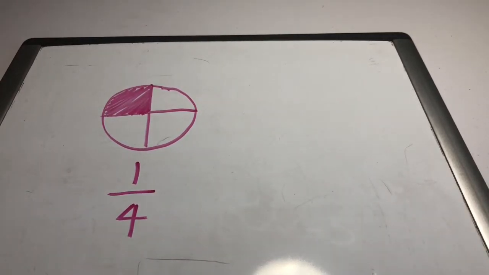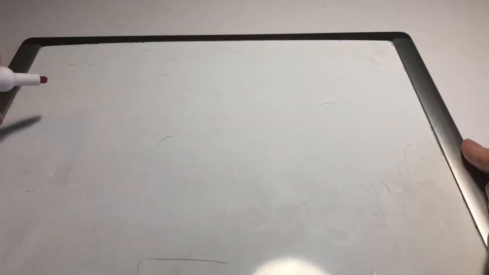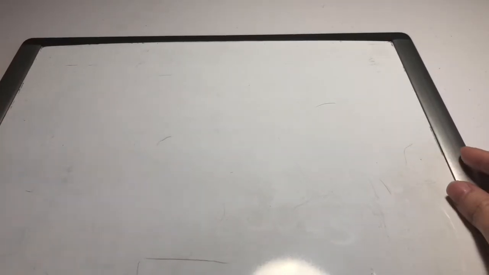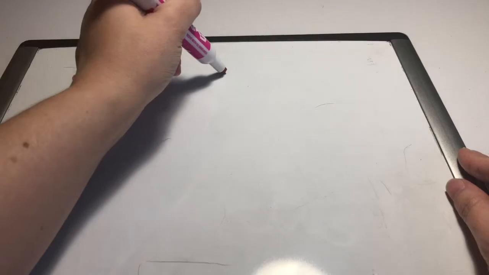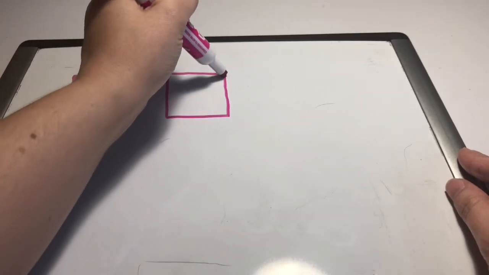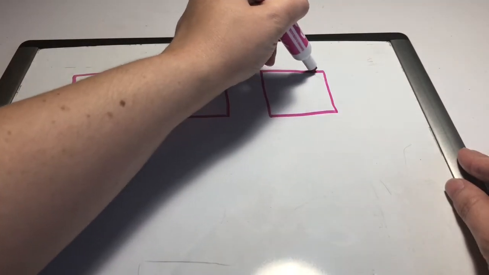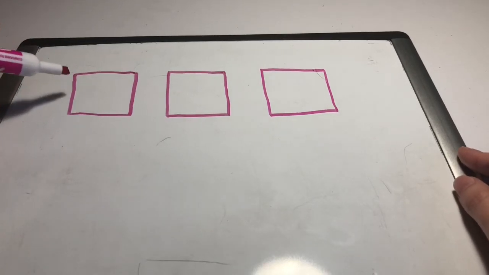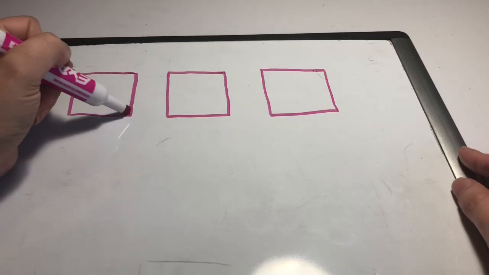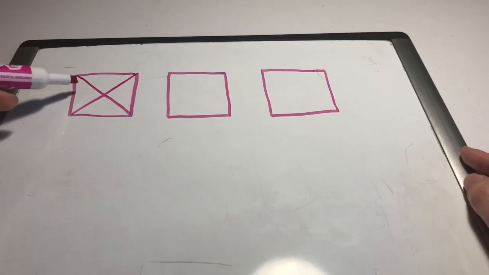However, there are other ways to show fractions within a shape. It's not only circles. So we could have, let's look at a square. We're going to look at several ways we could show fractions in a square. Okay, so I'm going to divide my squares into fourths. So I can have it like this, divided into 4 equal pieces.